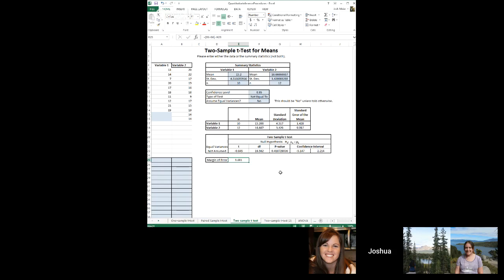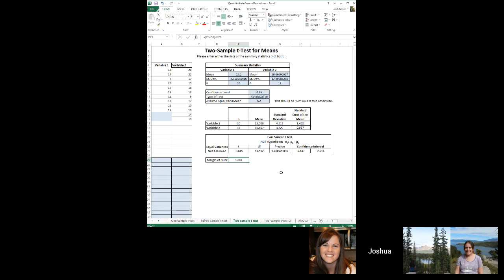I did 15.2 minus 16.667 minus, in parentheses, negative 5.147. I'm trying to remember the formula. I don't think you could do this completely on your calculator.